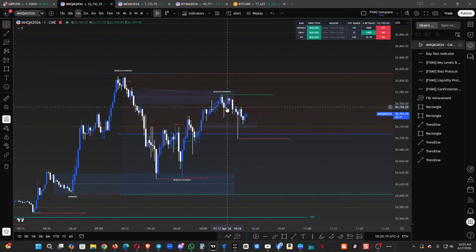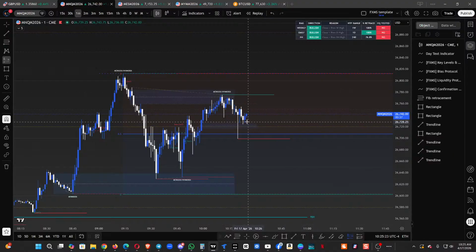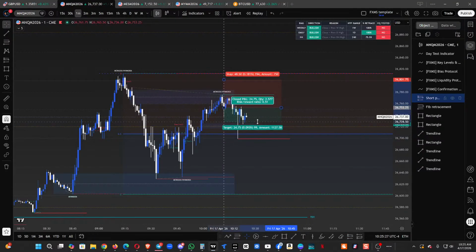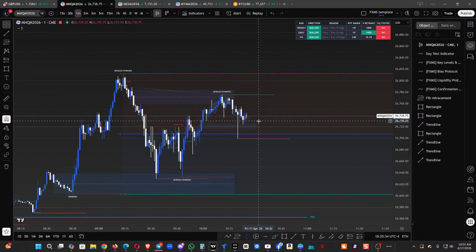So yeah, even if we were in the short right now, look at where we would be sitting. Not too pretty. Still around 15, 20 points, hovering. Not really getting anywhere.